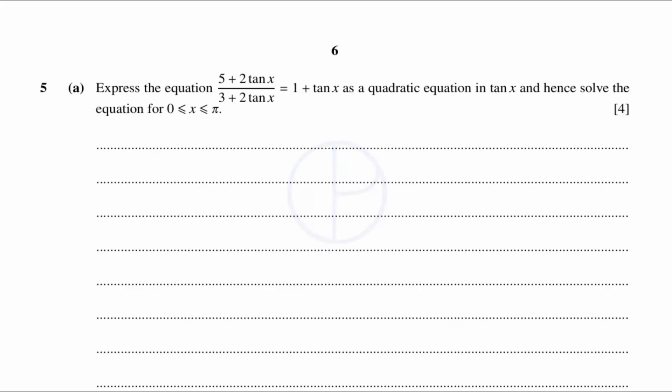Express the equation (5 plus 2 tan x) divided by (3 plus 2 tan x) equal to 1 plus tan x as a quadratic equation. Let's cross multiply this. So we get 5 plus 2 tan x equal to 1 plus tan x times 3 plus 2 tan x.